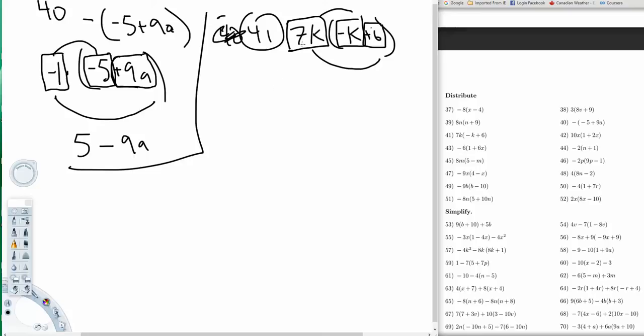So 7k times, let's do it, 7k times negative k. Well, this times this really equals negative. It's a negative, right? When you're multiplying this, that's positive, times this, that's negative. You're going to end up with a negative expression. So minus 7k, k times k is k squared, right?